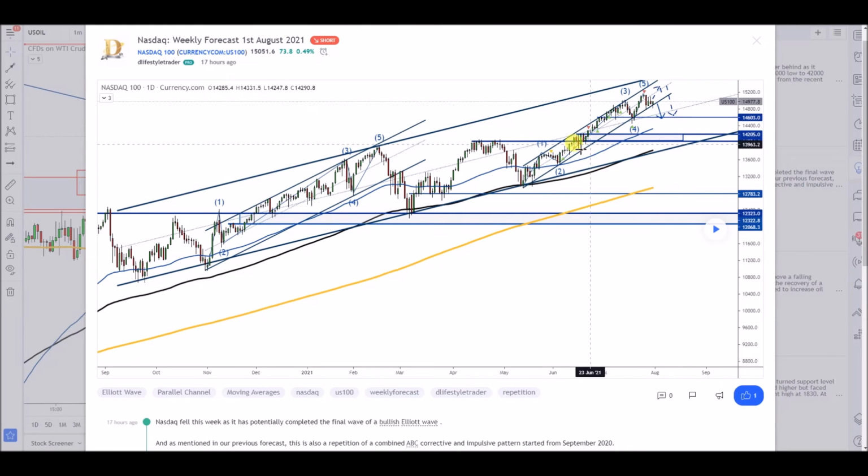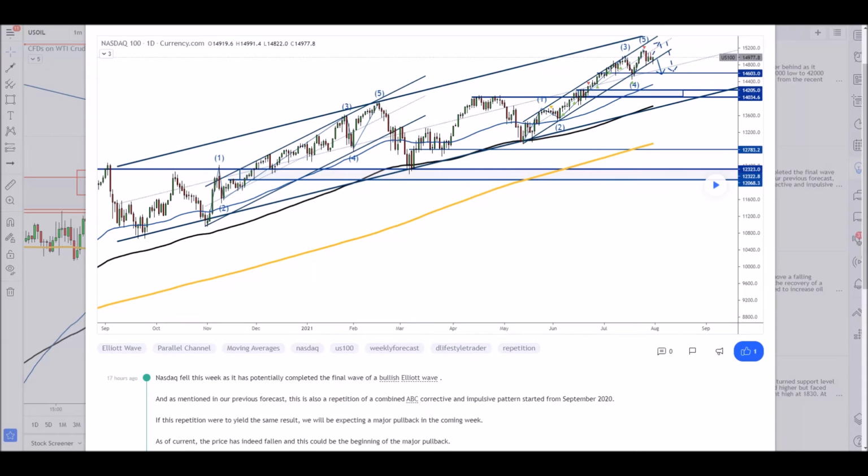So next we have the NASDAQ. NASDAQ fell this week as it has potentially completed the final wave of a bullish Elliott wave. As mentioned in our previous forecasts, this is also a repetition of a combined ABC corrective and impulsive pattern started from September 2020.